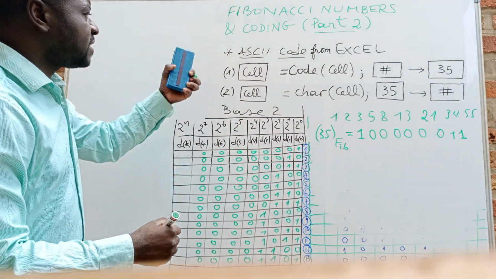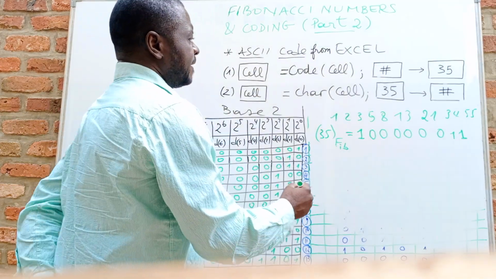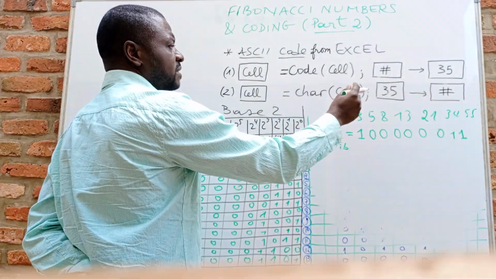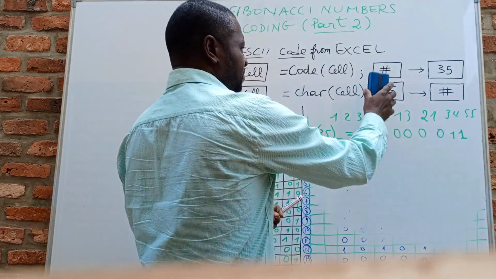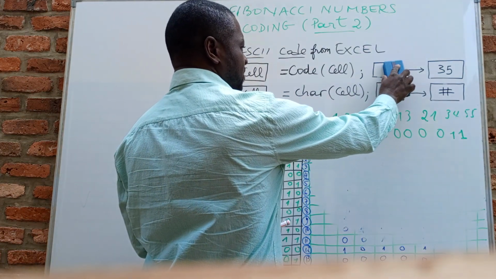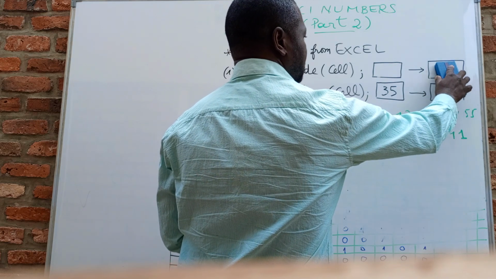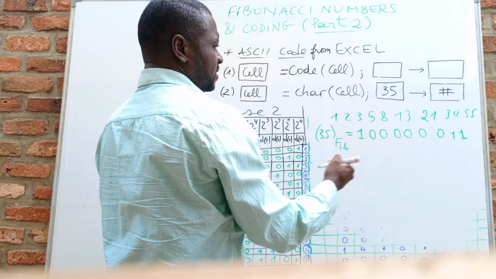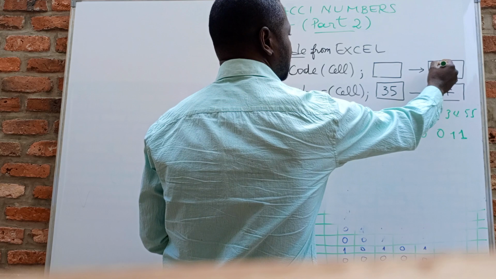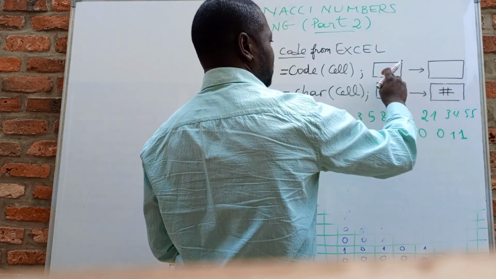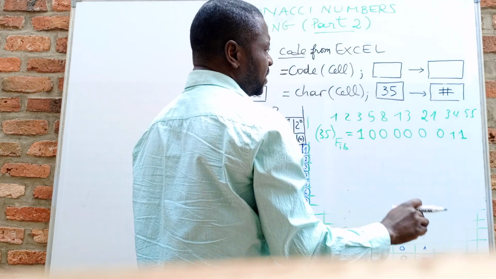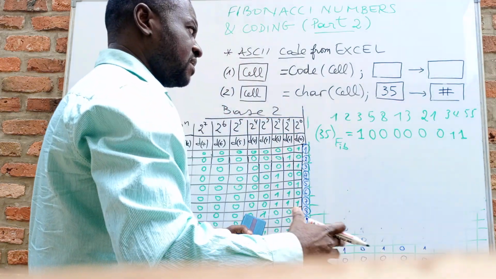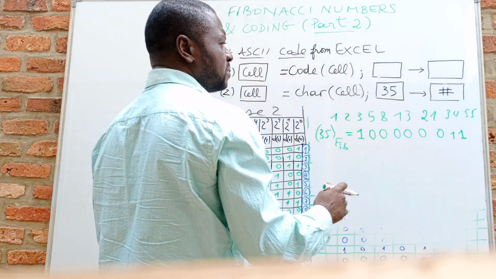The same can be applied if we have, for example, instead of 35, an empty space. So for an empty space, you choose a cell and hit the space button on your computer.